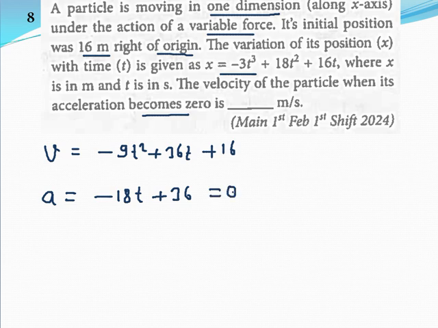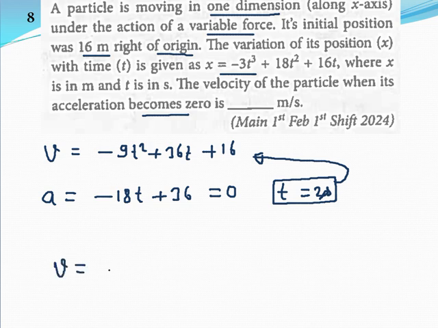Putting the acceleration equal to 0 as suggested in the question, we get t equal to 2 second. Now putting t equals 2 second in the expression of the velocity, we get v equal to minus 9 into 2 square plus 36 into 2 plus 16, and the answer we get here is 52 meter per second. This was the answer.